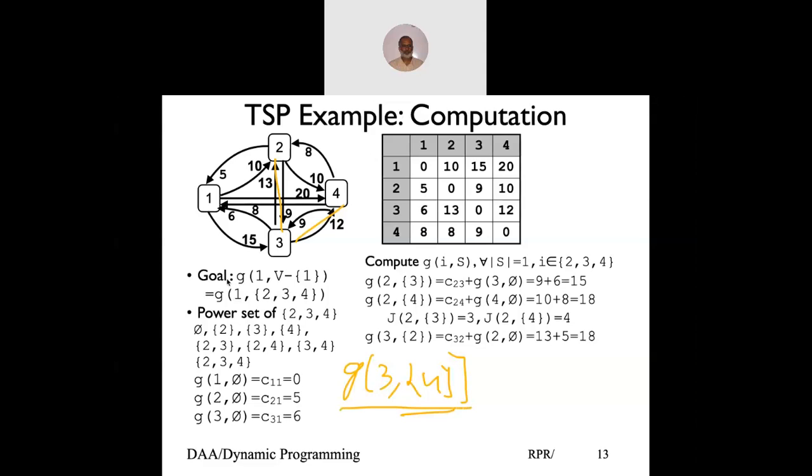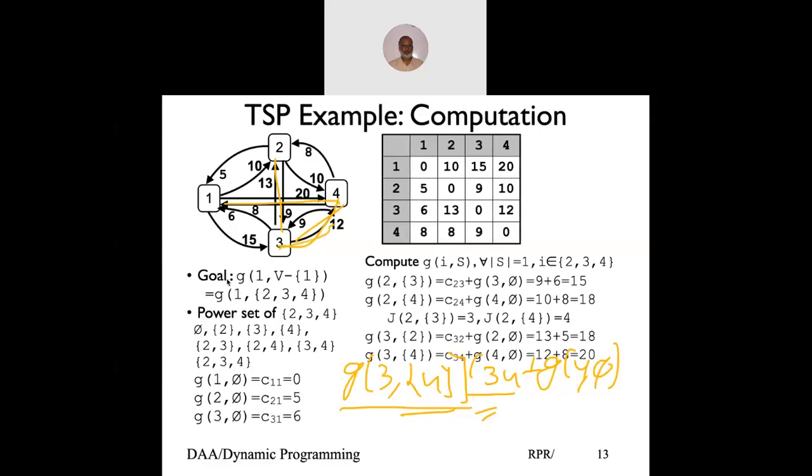This is going to be C34 plus G(4, ∅). C34 is 12, and then G(4, ∅) is 8. So this is 12 plus 8.